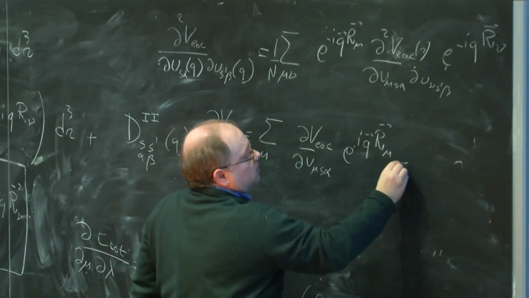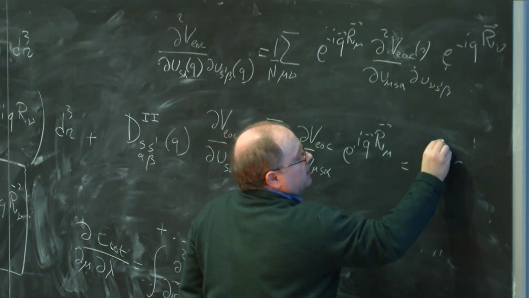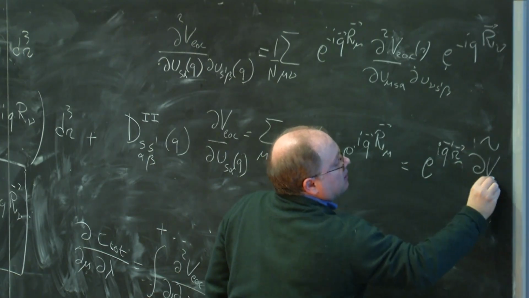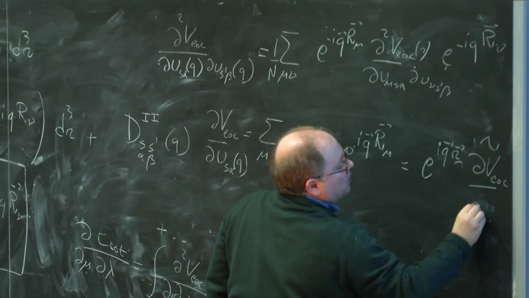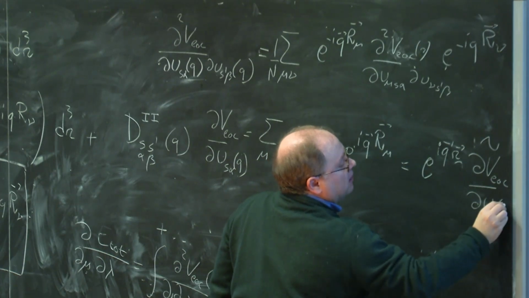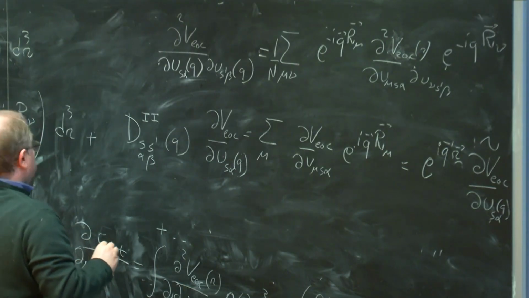And I want to show you that this can be written as a phase factor e to the iqr multiplied by a periodic function that I call the periodic part of dv log over du s alpha of q. And the same for the charge density.